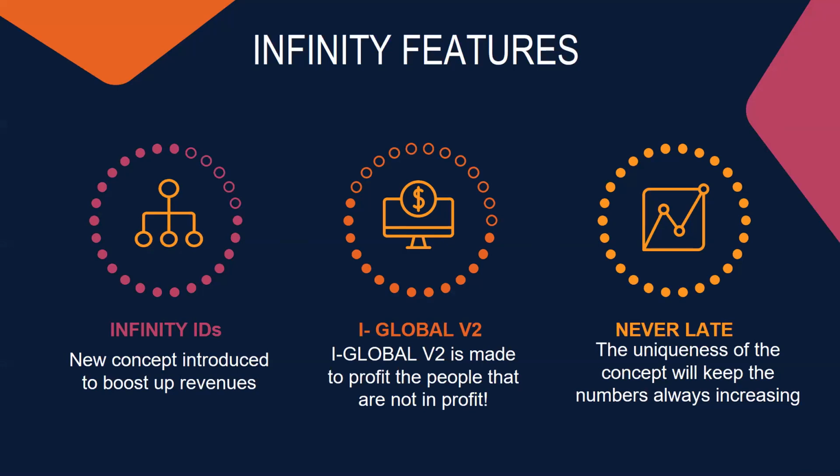Let's say the Robin Hood iGlobal. Okay? Taken from the rich, given to the poor. Actually it is not even taken from the rich, it is taken from the Infinity IDs' earnings. So basically, it is taken from the system and given back to them. Okay. Never late. And this is why we are explaining this concept.